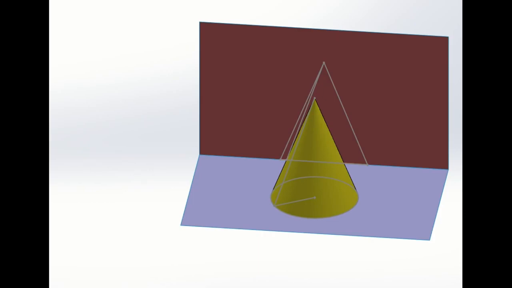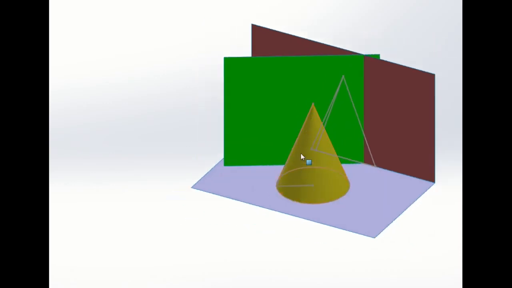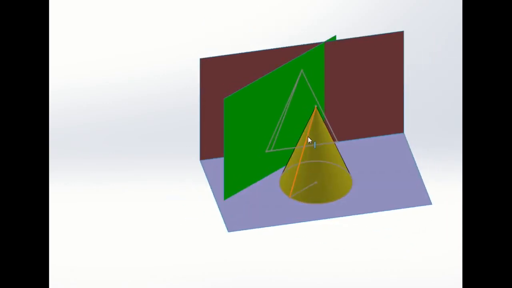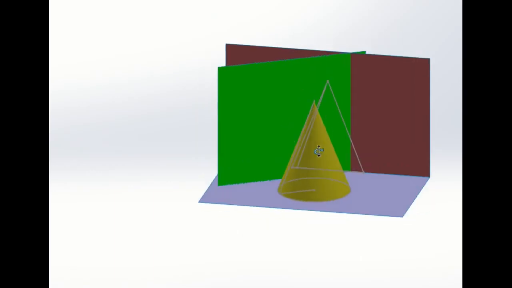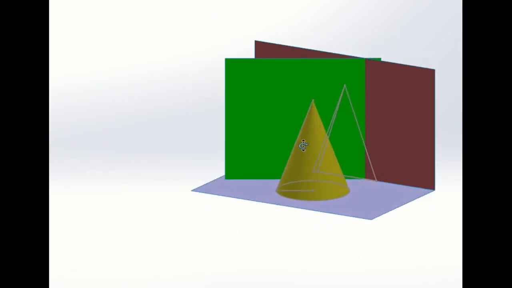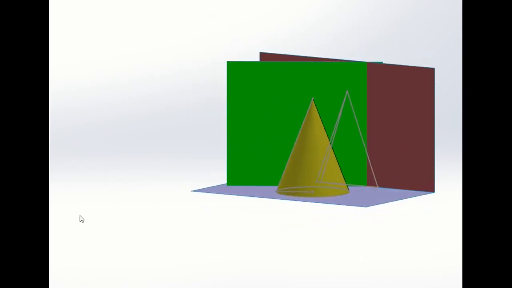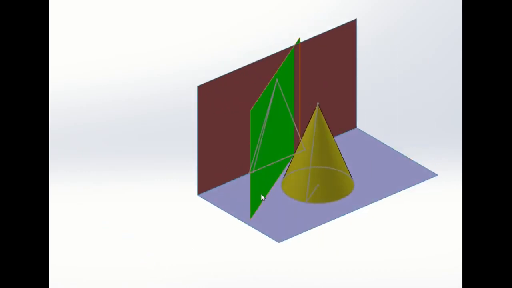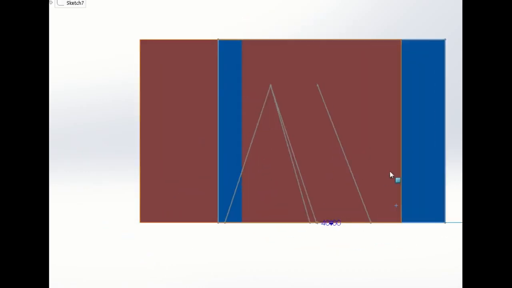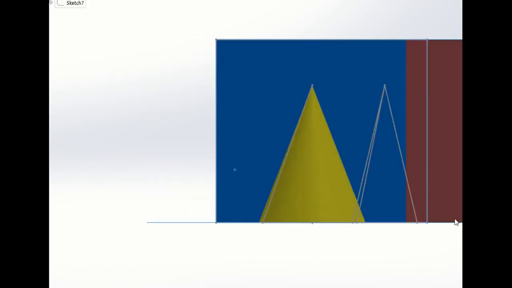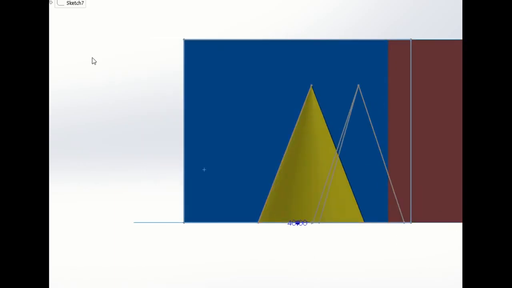Here is our auxiliary plane, and that is parallel to this line, and we're taking a perpendicular view. Let me just set up this view. Here we are looking perpendicularly in, that's our auxiliary plane. So we are seeing this line as a true length line.